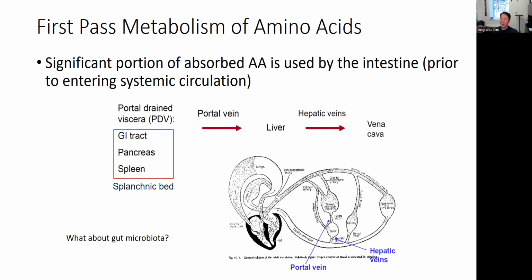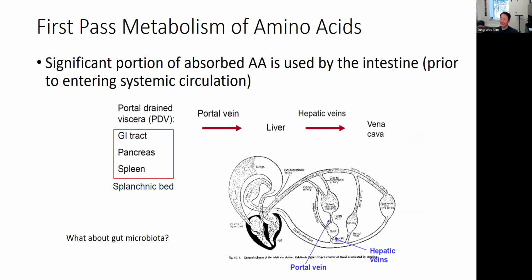Those are the bacteria, especially those associated with the mucosa or colonizing the intestinal linings. We call them mucosal bacteria or mucosal microbiota.